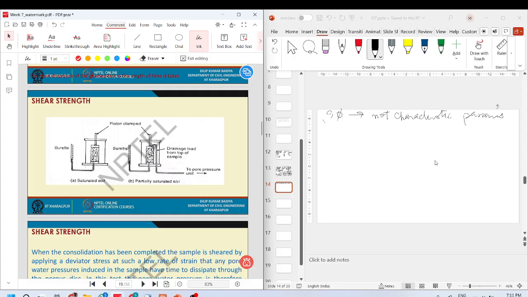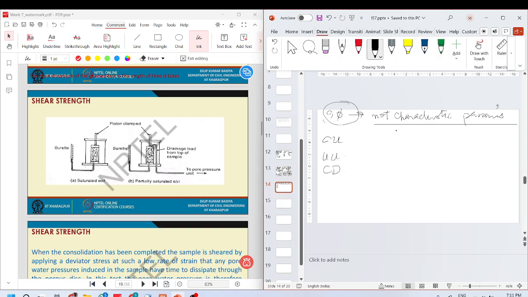So we were discussing that these are not, we can say, characteristic parameters, as in when you perform a CU test, a UU test, or a CD test, you get different values for the same soil because these parameters depend on the state of the soil.